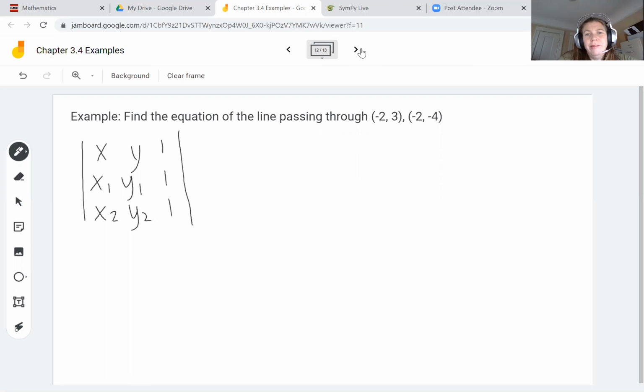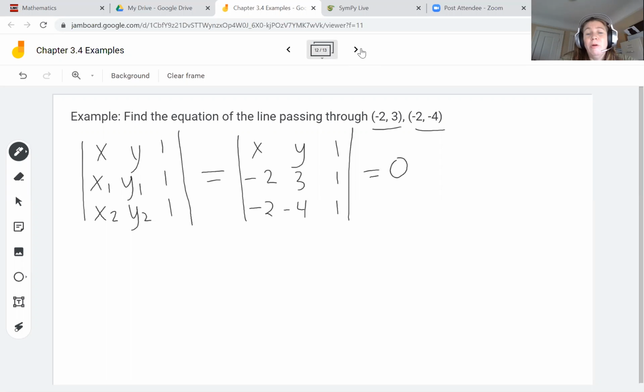And use this to find the equation of a line. So if these are collinear, these should all equal 0. So we have x and y and a 1 here. We have -2 and 3 from the first point, and we put a 1 in the third spot. And then we have a -2 and a -4 from the second point with a 1 in the third spot.